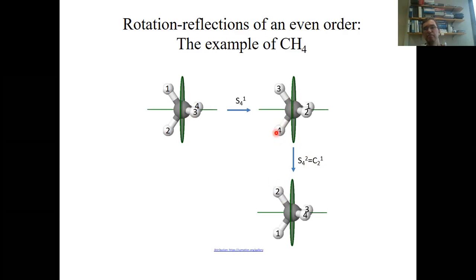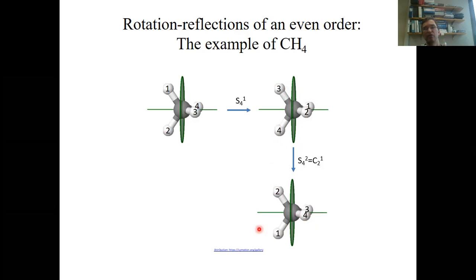So now let's rotate-reflect, starting out from here, carrying out the S4^2. So that means that we again have to rotate by 90 degrees counterclockwise and then reflect. So atom 1 moves from this position here to that position. Atom 2 moves from this position to that position. Atom 3 moves from this position to that position. Atom 4 moves from this position here to that position over there.